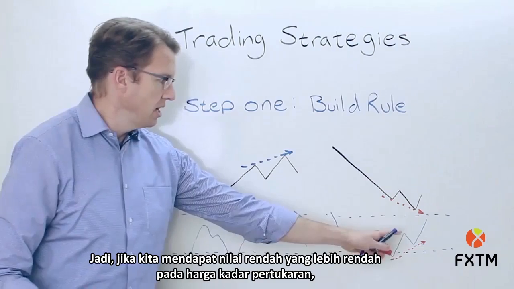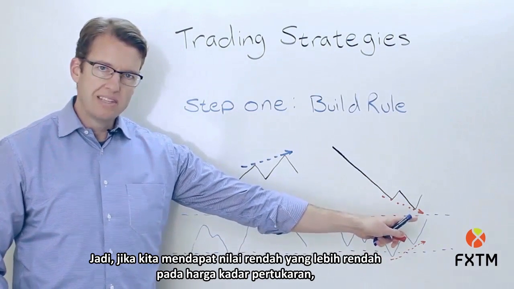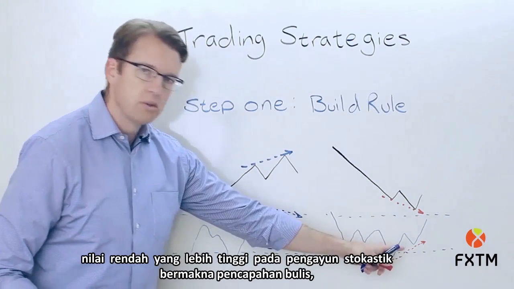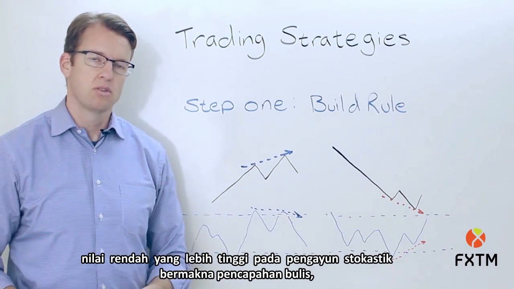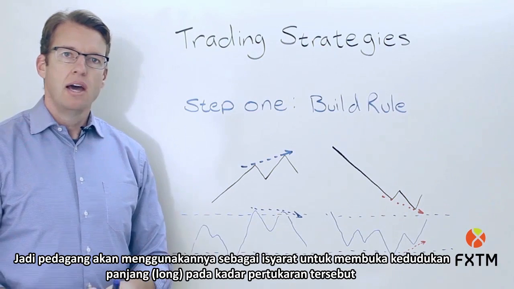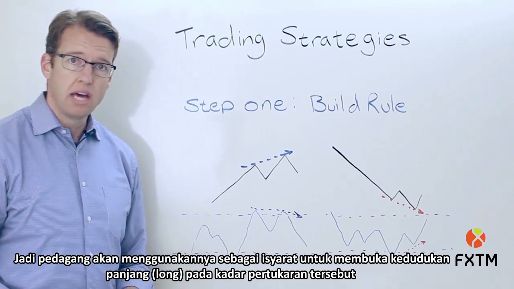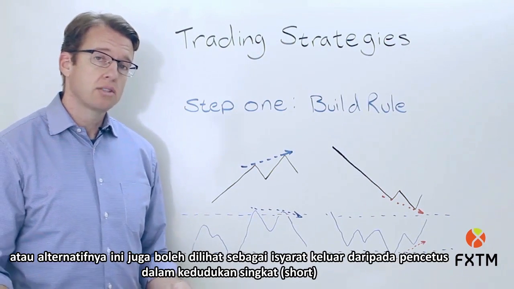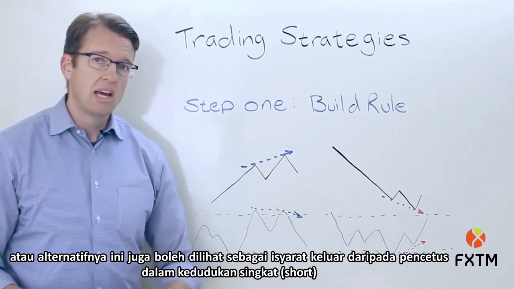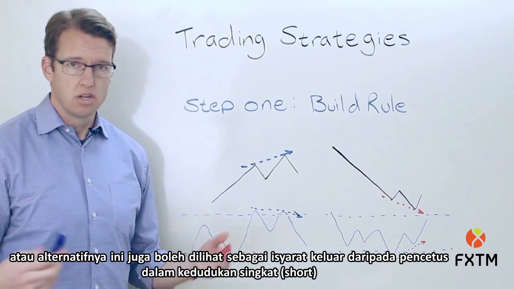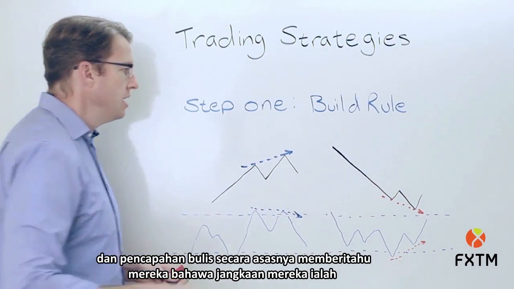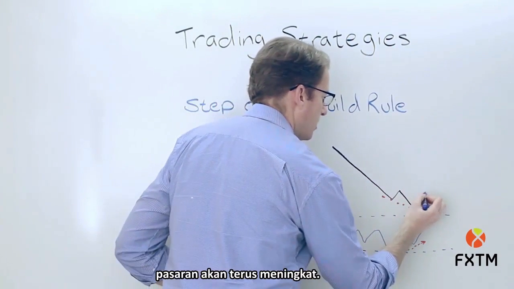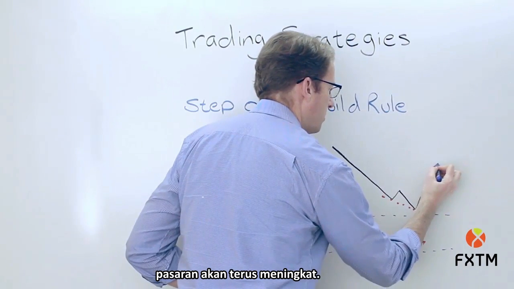So if we get lower lows on the price of the exchange rate and higher lows on the stochastics oscillator, well, that's a bullish divergence. A trader would use that as a signal to go long that particular exchange rate, or alternatively, this could also be seen as an exit signal for a trader who's in a short position, and the bullish divergence is basically telling them that their expectation is that the market is going to continue to the upside.